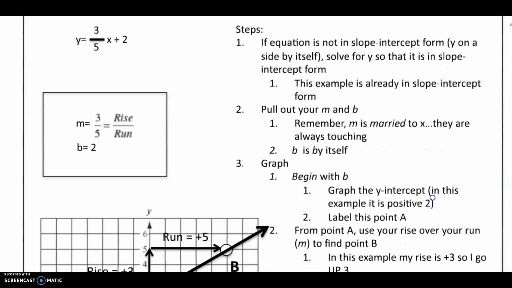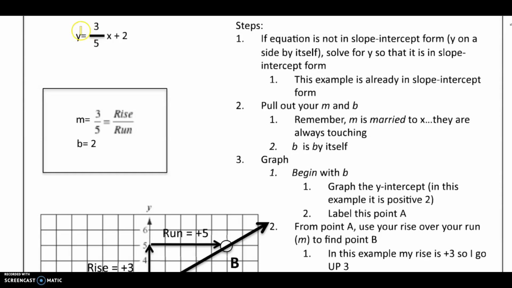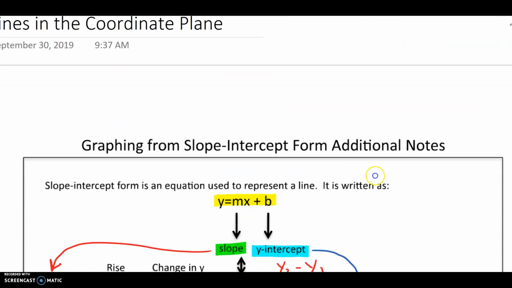Okay, so if we're given an equation that is automatically already in y equals mx plus b form, we're able to pick out the pieces we need. In order to graph a line, we need the slope and we need the y-intercept. So if you have a hard time identifying the pieces in the equation, just remember that the slope, what color did I use up here?